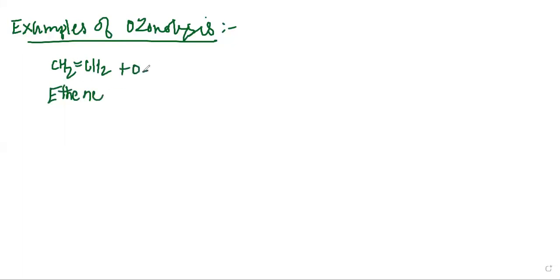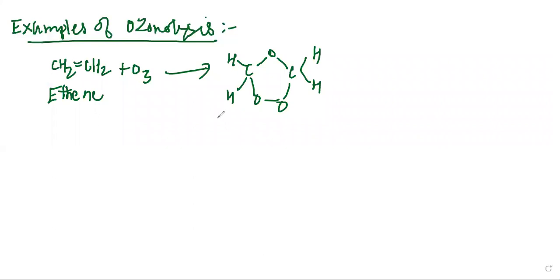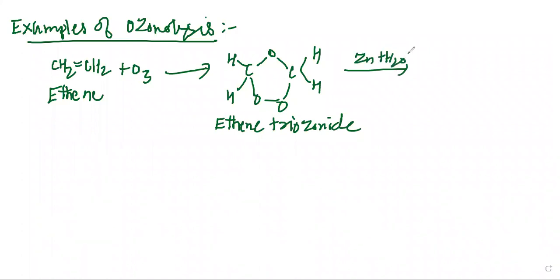When ethene reacts with ozone, it gives ethene triozonide, and then on the reaction with zinc and H2O, it produces H-C-H double bond O plus O double bond C-H and H2O2.